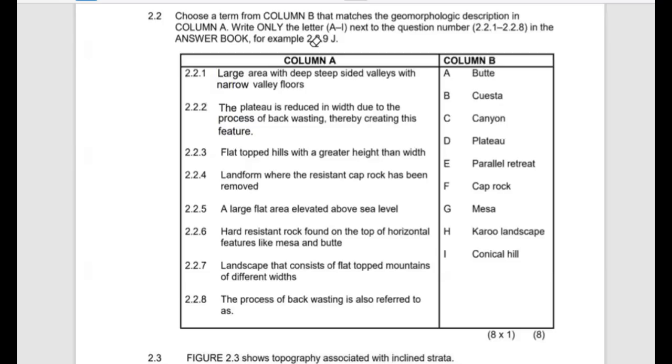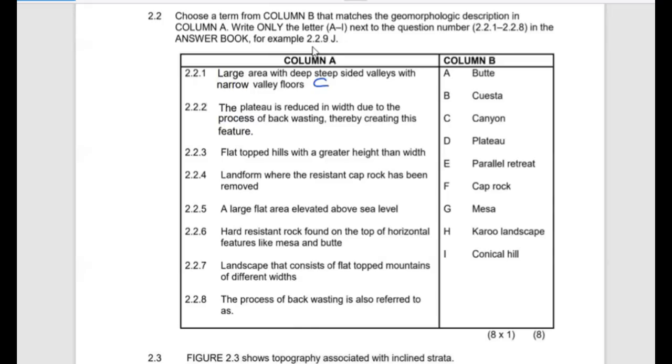What kind of a feature is that? Where we have deep, steep-sided valleys. The correct response is a canyon landscape, C.